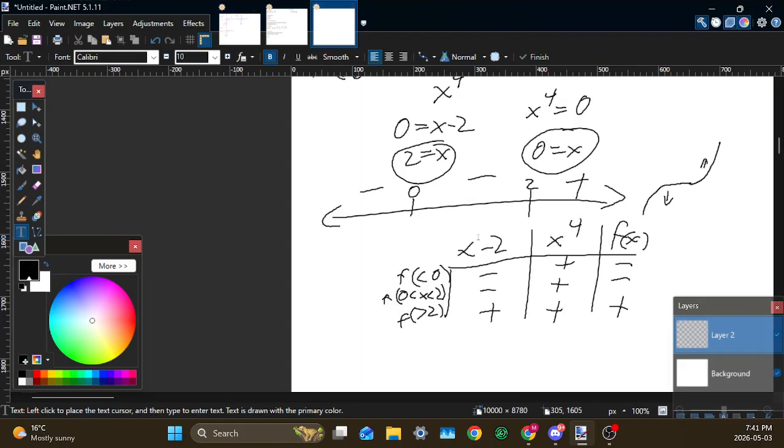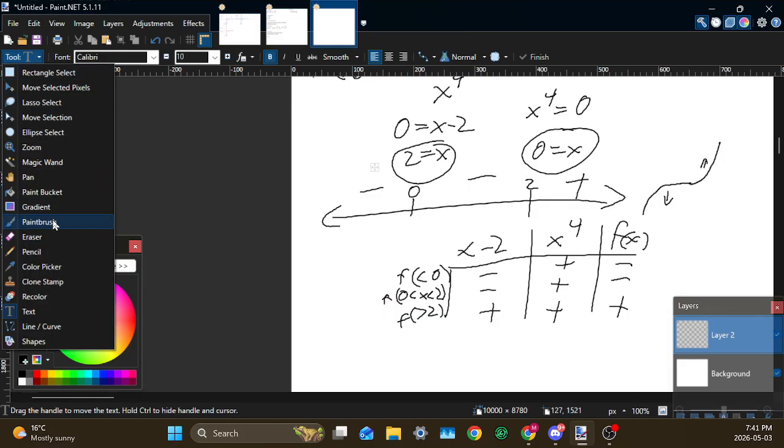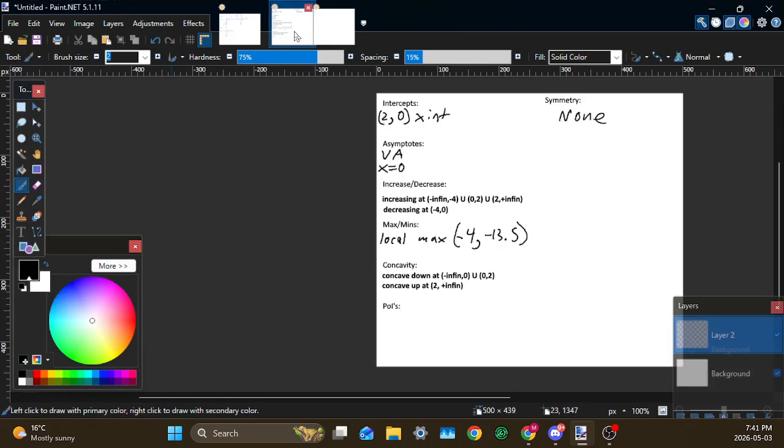Which we can see here. Decreasing. So, yeah, it'll be concave down, concave up.